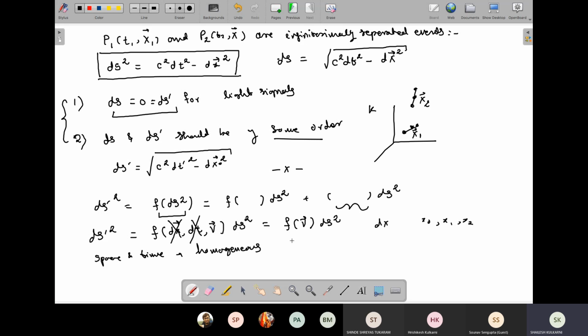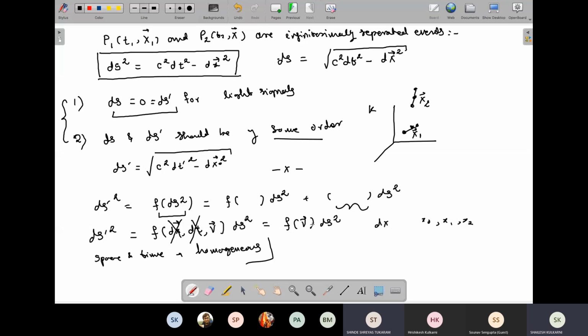Now we can simplify further. Here the velocity vector is coming, and because of its vector nature, direction comes in. But a priori no direction is favorable. We should not assume that the z direction, y direction, or velocity vector direction should come into the picture, because that is not what we have assumed.